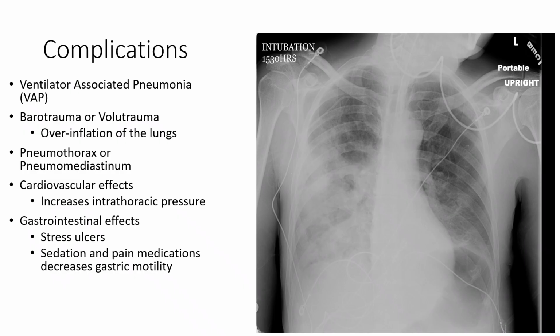When a patient is on mechanical ventilation, that's going to alter their cardiorespiratory function, and this can lead to decreases in cardiac output, changes in intrathoracic pressure, which can bring about additional complications.